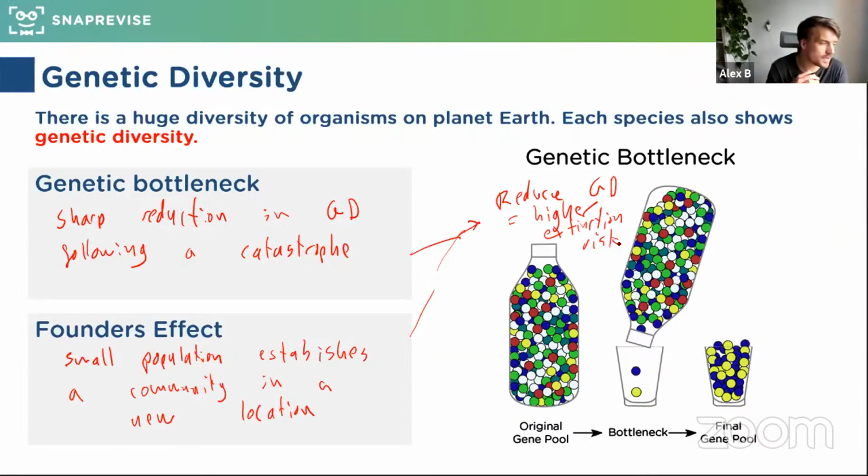So there are some examples of this in humans. So the Amish people in America, they were founded from a starting population of around 200 individuals, maybe slightly less. And they quite strictly tend to marry within their population.